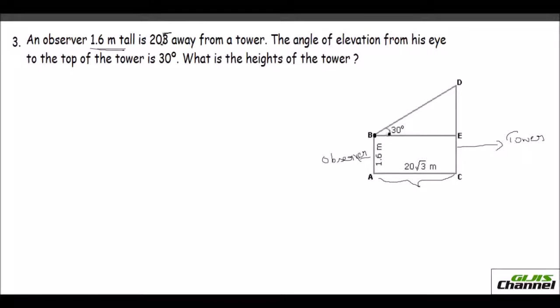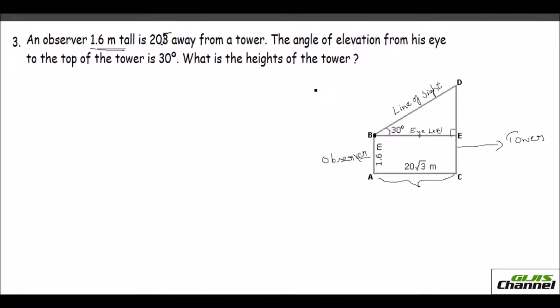And the angle of elevation will be between the normal eye level and the line of sight. This is the line of sight and this one is his normal eye level. This is the horizontal line. Now you have the right angle triangle BED. Understood?